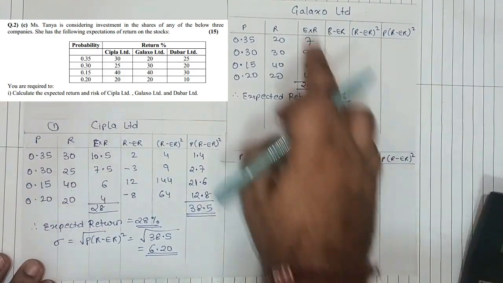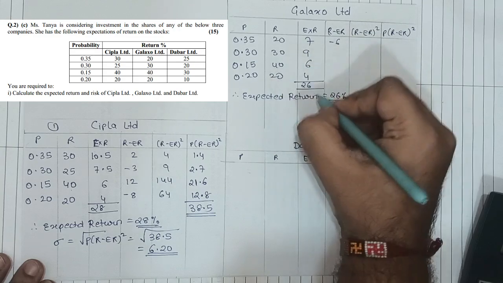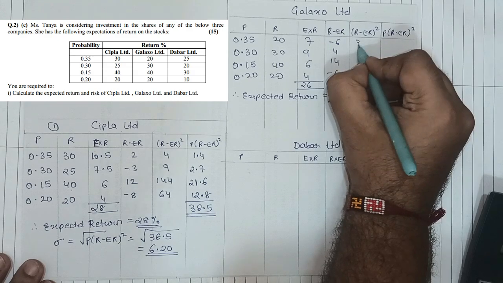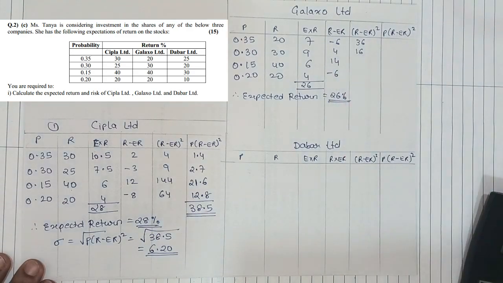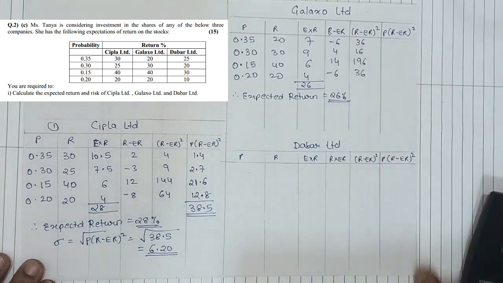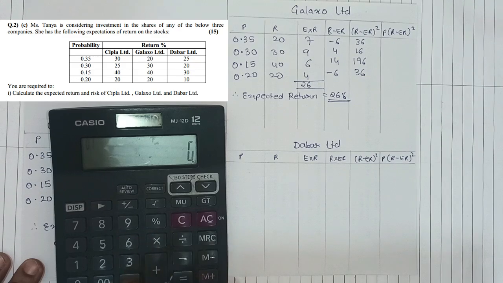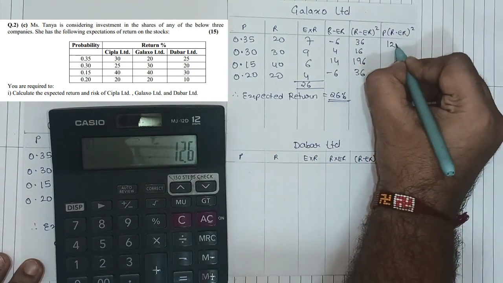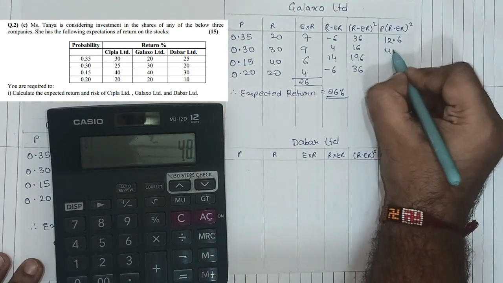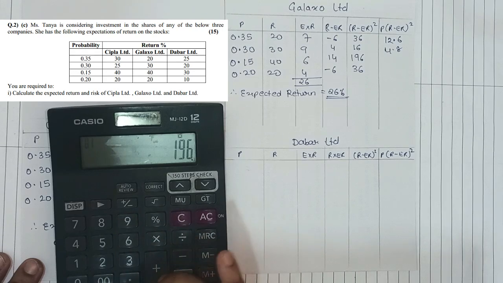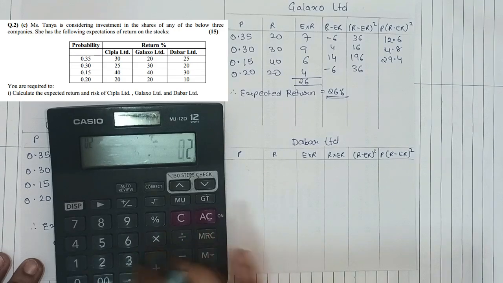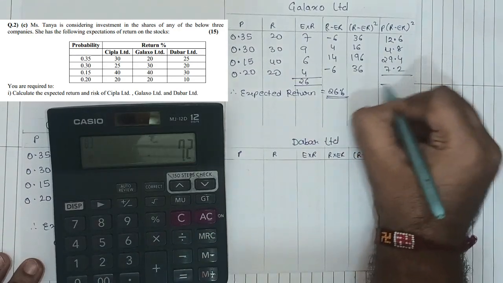Now R minus ER: 20 minus 26 is negative 6, 30 minus 26 is 4, 40 minus 26 is 14, 20 minus 26 is negative 6. Squares are 36, 16, 196, 36, into the P. So 36 into 0.35 is 12.6, 16 into 0.3 is 4.8, 196 into 0.15 is 29.4, 36 into 0.2 is 7.2 and we add up.